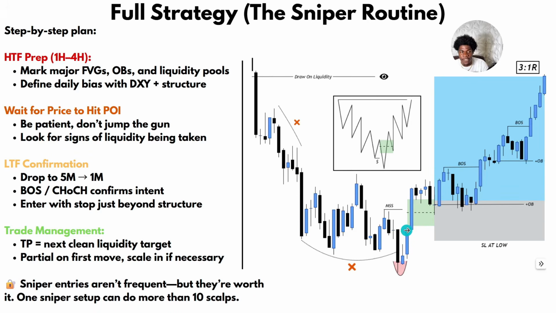You see price give you this fair value gap and this other fair value gap. We've learned to always use the first fair value gap, right? The second fair value gap, if price pushes all the way down to the second fair value gap, this trade is probably invalidated, because price is just looking for a quick reaction inside of the first fair value gap to then extend higher to clear this final draw on liquidity.